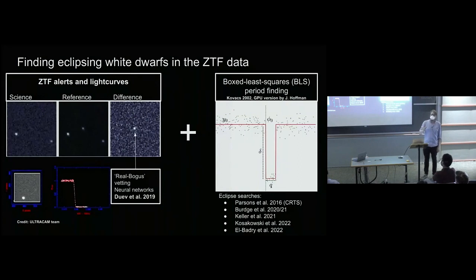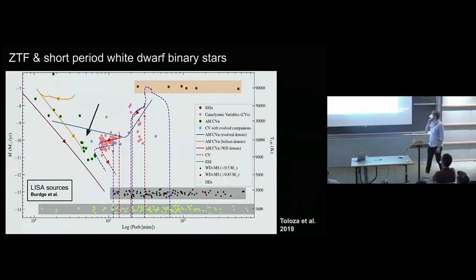But I specifically focused on periodic repeating disappearing events. So I took the ZTF light curves and the alerts, and coupled that with the Box Least Squares method to find a box-shaped recurring signal to pick out eclipsing white dwarfs. And of course, many other people have already done a similar thing.